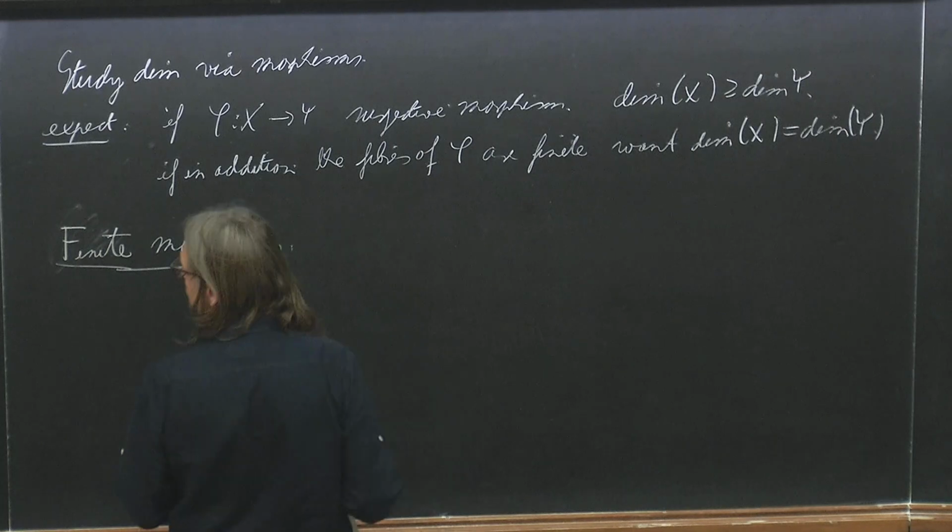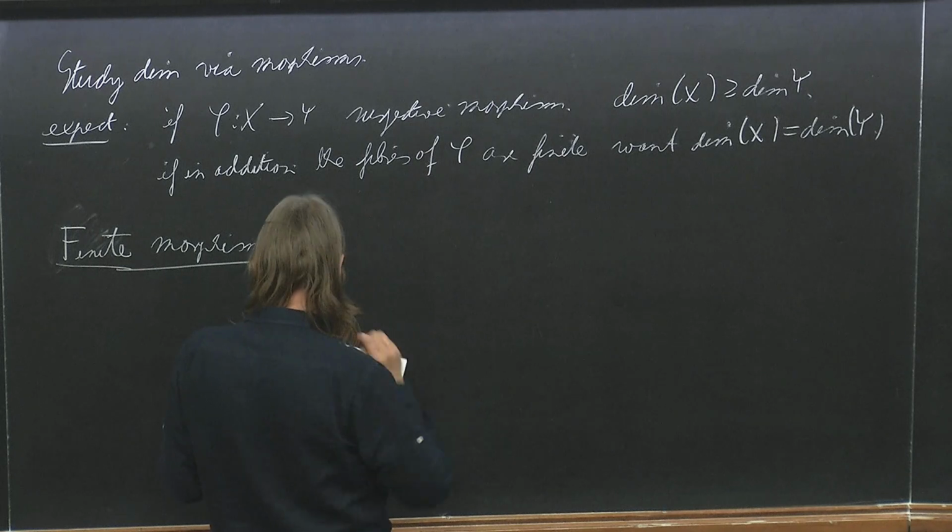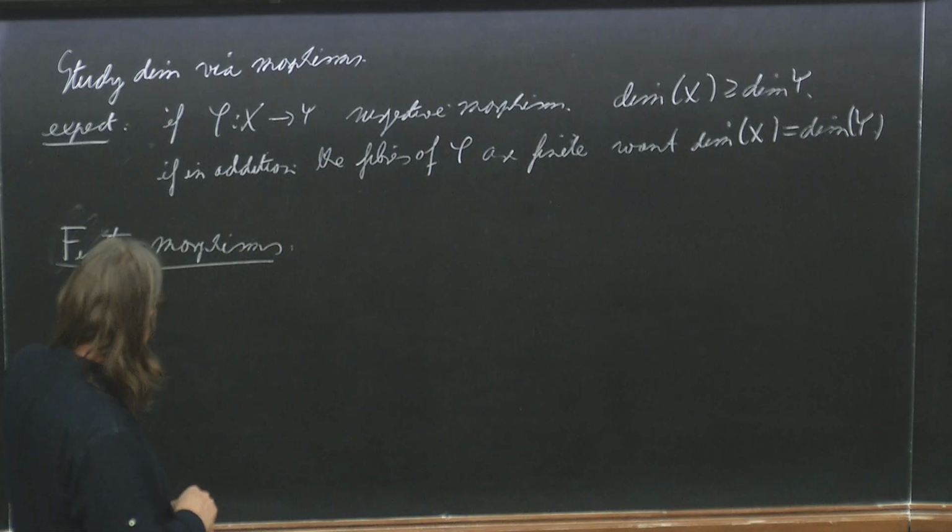So at the moment it's still the introduction, so I first say what a finite morphism should be. I only define it for affine varieties.